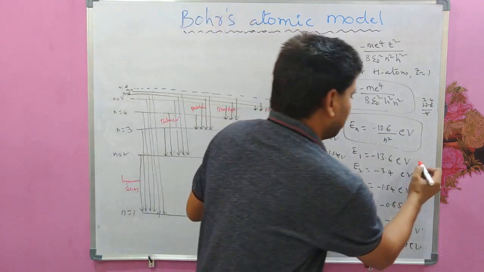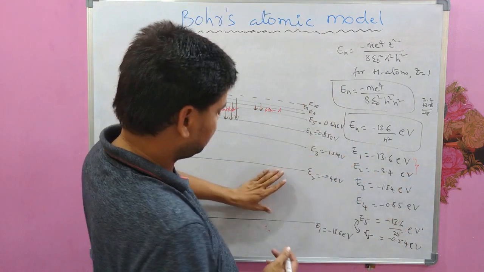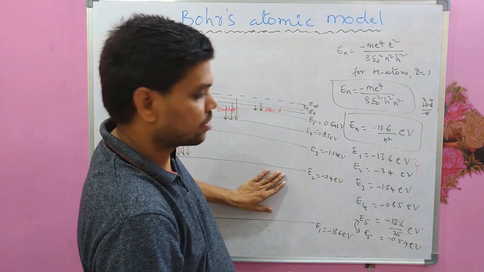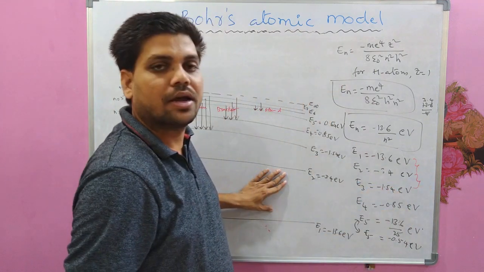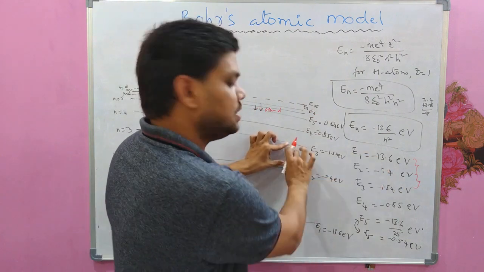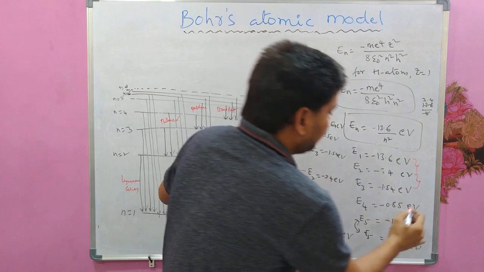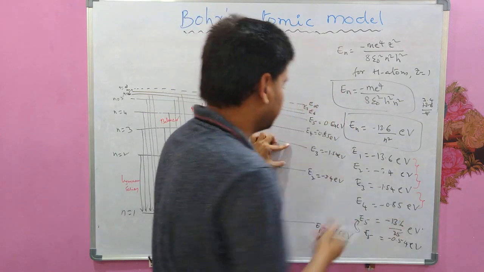If you observe this, for example, the energy gap is more, around 9. And if you observe these two, the energy gap is just around 2, which is less than this. Now if you observe these two, the energy gap is around 0.6.